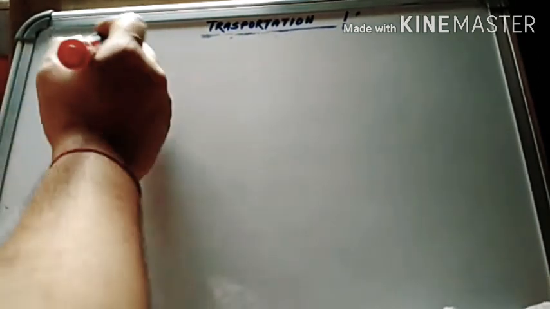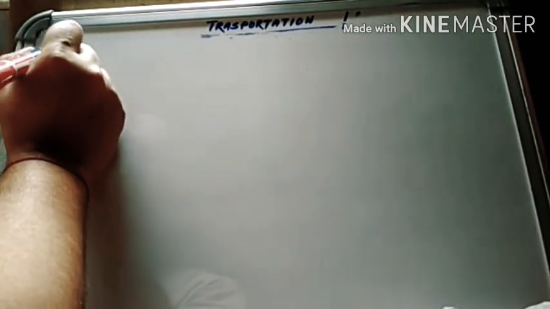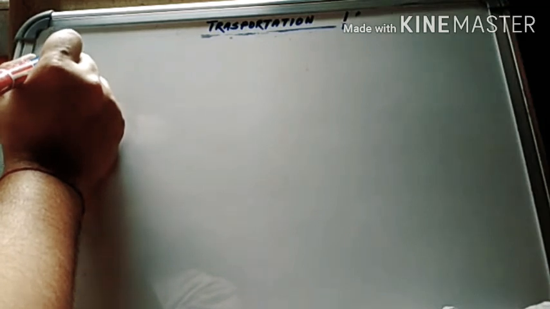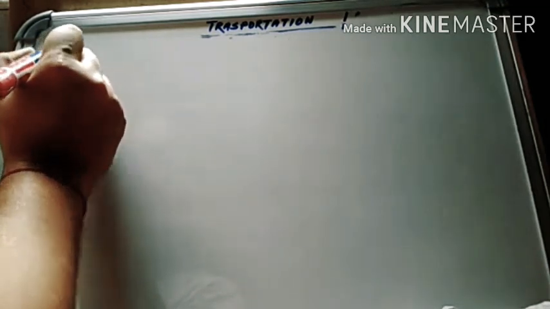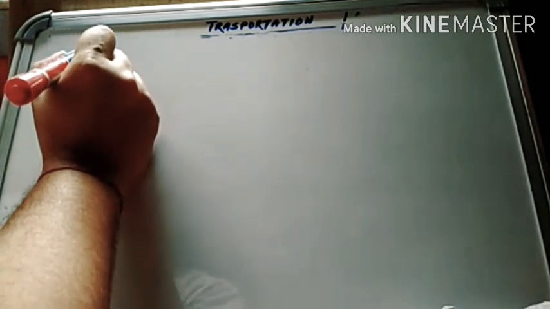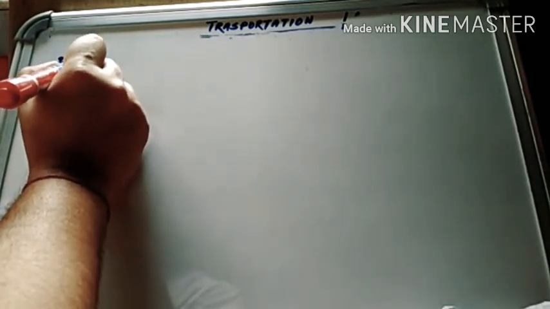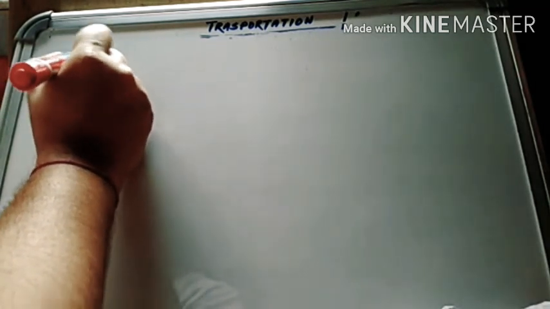So let us construct the new optimal table. In order to construct that new optimal table, let us draw the old one first. 2, 1, 20 is allocated over here.